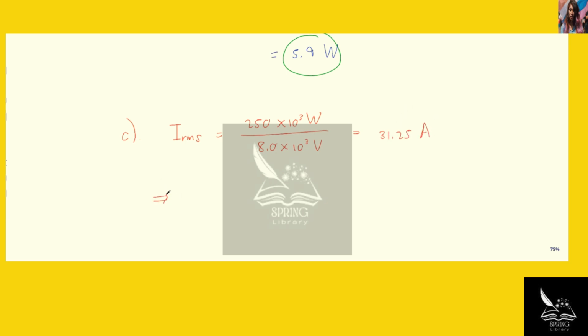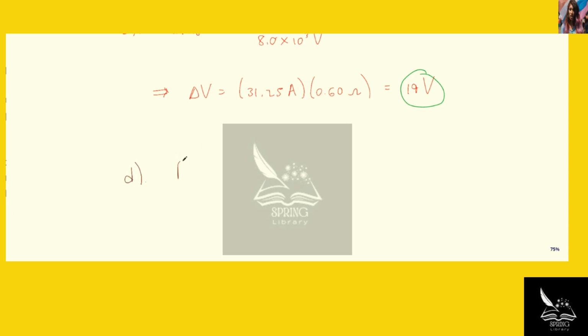And so ΔV is equal to 31.25 multiplied by 0.6 ohms, which is 19 volts. So the potential drop is now greater.